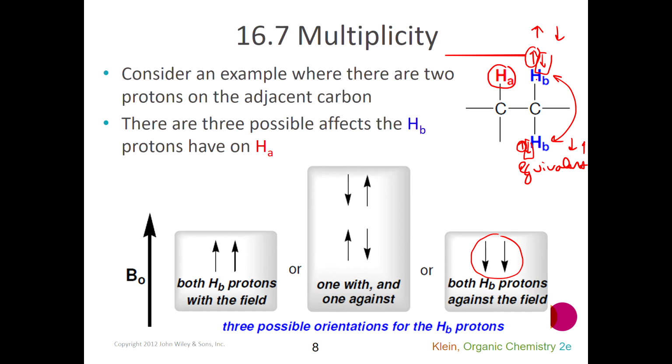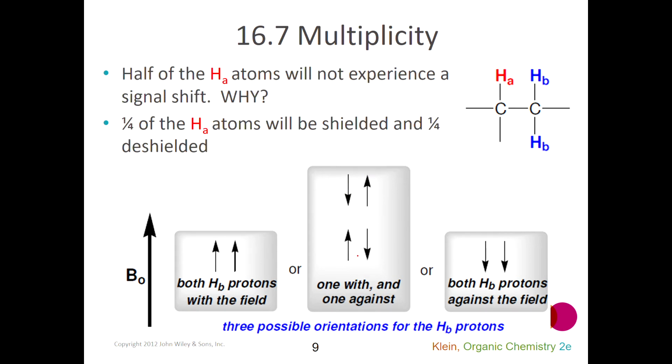If hydrogen B is aligned with the magnetic field and it increases the energy required to excite and then the energy released when it relaxes, but at the same time the other hydrogen is aligned against the magnetic field and it decreases the energy for the excitation and relaxation of A, well, an increase would be offset by the decrease and so there'd be no change in energy. And there are two possible scenarios where that occurs. And so I see a signal associated with that scenario as well. And so that produces a triplet.